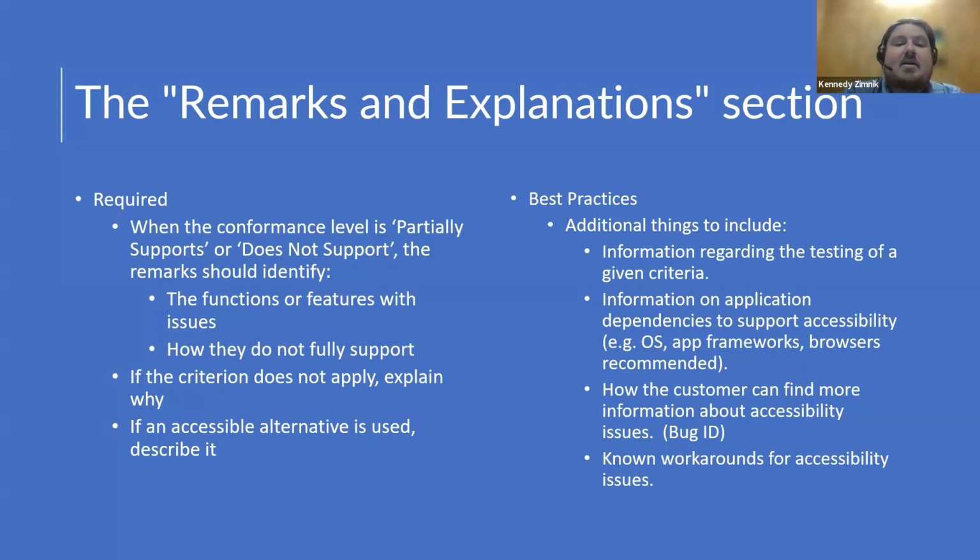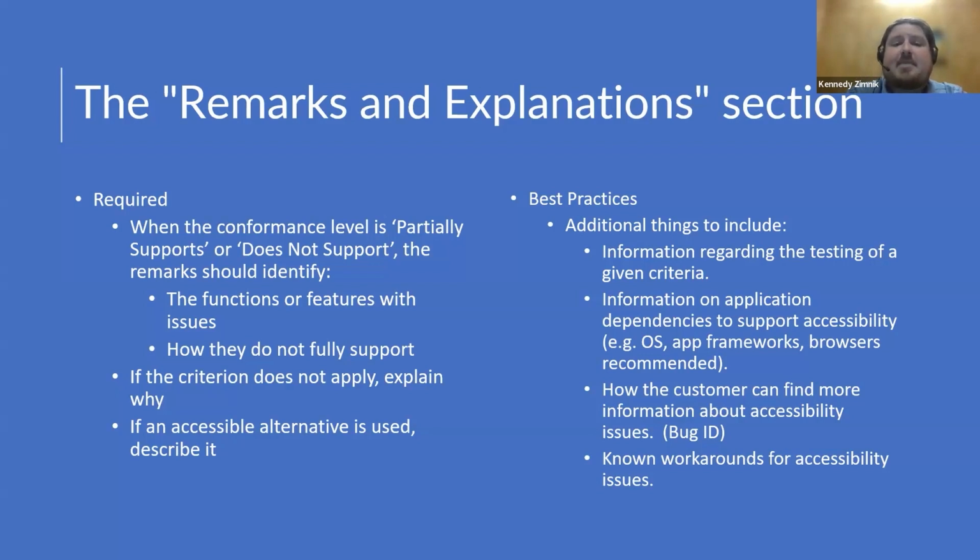So specifically where the issues are, and how they don't fully support. If there is a navigation issue and there's a pop-up window that isn't being focused on, for example, they would say, partially supports change of context, but there is a pop-up issue that we're aware of and we're trying to fix. So if the criteria does not apply, explain why.